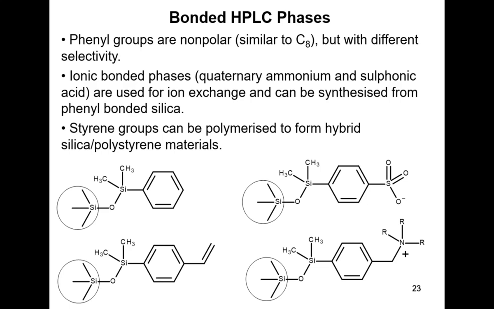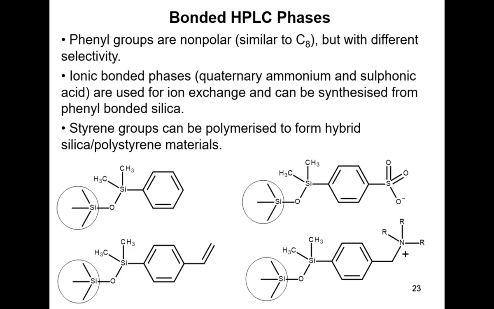And the benzene rings are quite versatile. They can be modified using different types of chemistry. This would usually be before you add them to the silica, but you can introduce charged groups, like the sulfonic acid group, negatively charged, or quaternary ammonium groups, which are positively charged, so you can have ionic interactions occurring.